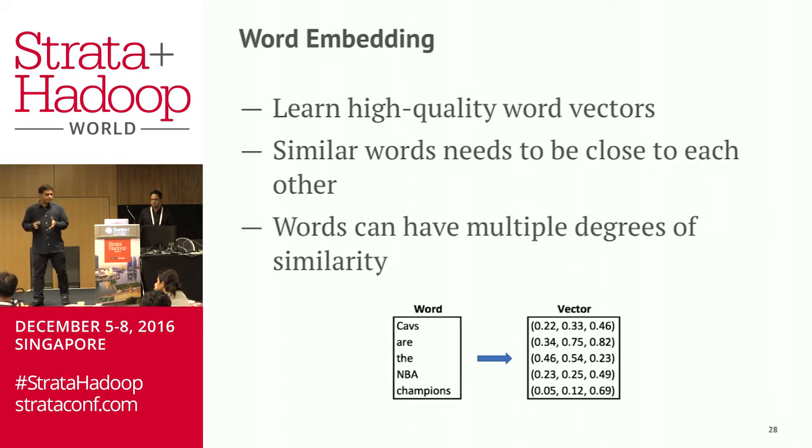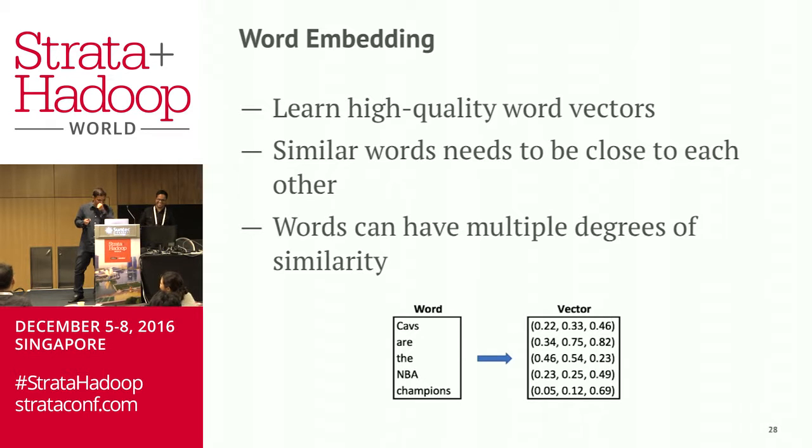Now, how do we create this vector? You need to learn high quality word vectors. We want to find vectors of words that are close to each other, right? The example here is "Cavs are the NBA champions," and that's just because Bhargav is a basketball fan.